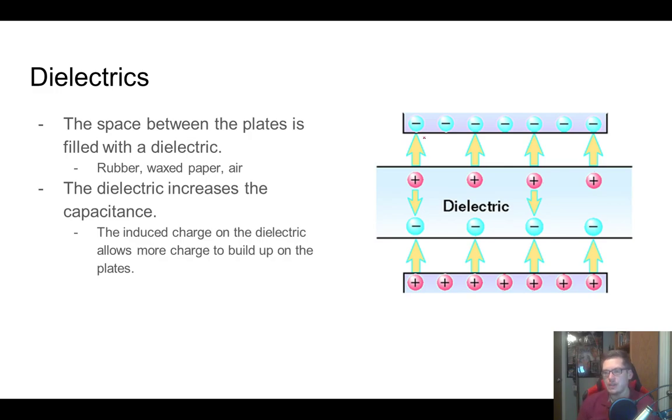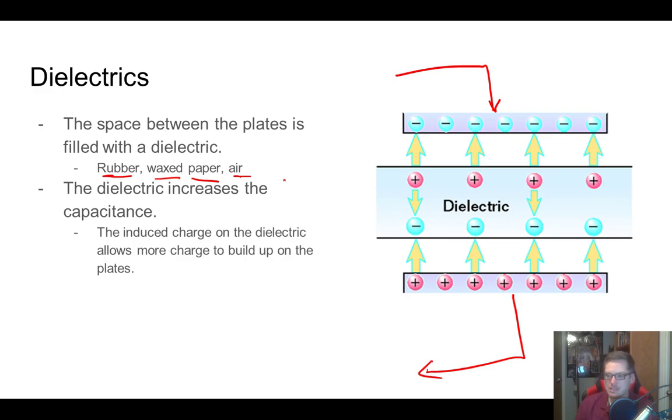Here, this is our negative charge, where the electrons are flowing in, and this is where they're flowing out of, down here. So we've built up this negative charge, but we've induced a charge on this dielectric. Really any insulator would be good. They've listed rubber, waxed paper, and air. All of these are good dielectrics, just anything that is a good insulator.